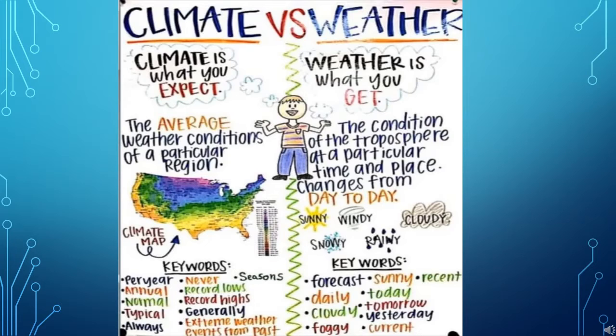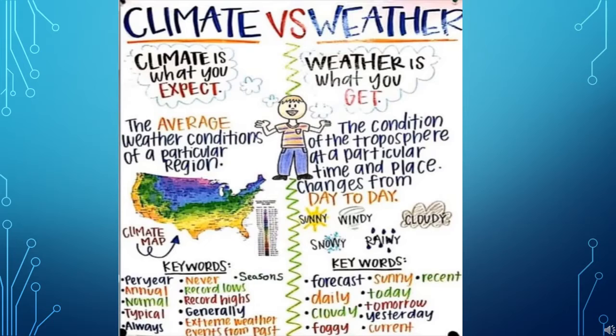It may change in a few hours or a few days. The climate of a place remains the same for 30 to 40 years and may be hot, cold, rainy, or dry. It may not remain the same throughout the year and thus gives rise to the seasons.